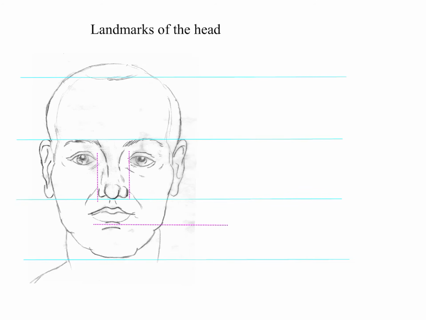And then there are certain landmarks of the head. If you take the tear ducts straight down, you get the nose. Also, the big measurement here with the eyes is that there's exactly one eye in between your eyes.